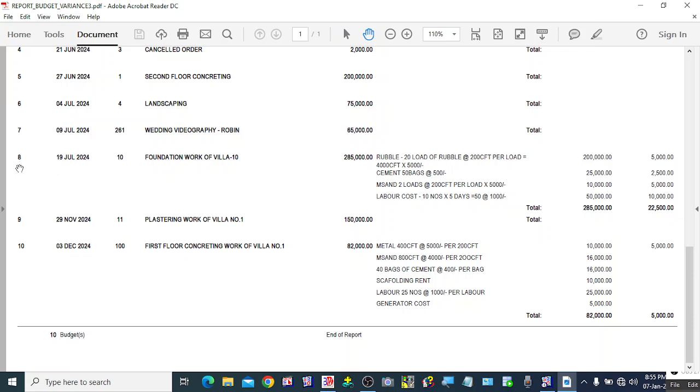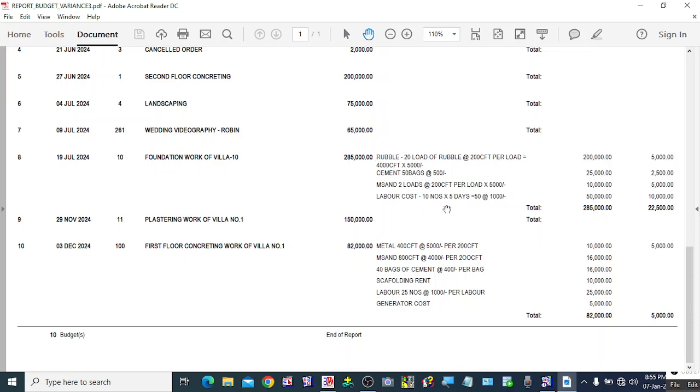Here, for example, budget number 8, foundation work of Villa 10. Total 2,85,000 is the budgeted amount. Under this budget, what are the cost elements we have expected? Here we can see 285,000 is the total budgeted.